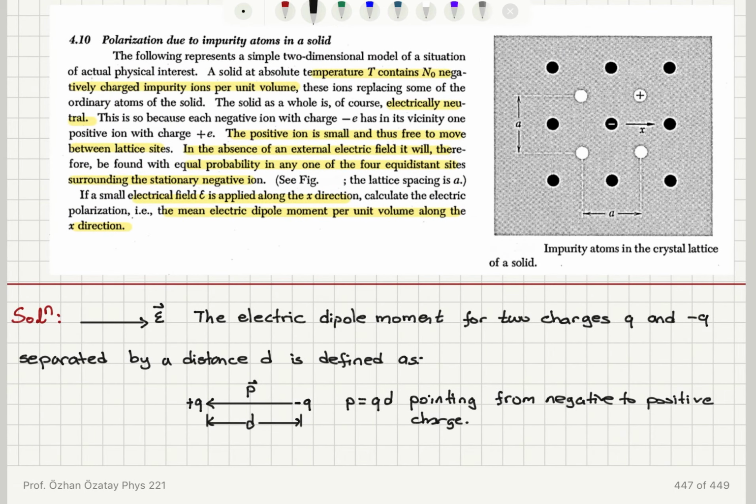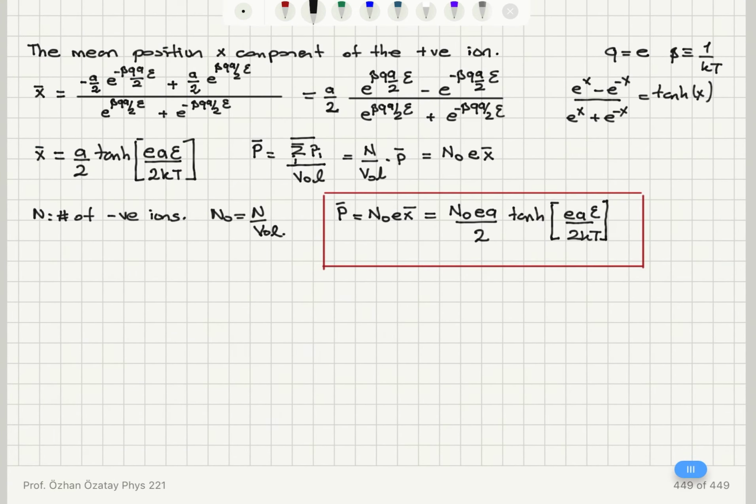So the question is, in the presence of an electric field in the positive x direction, what is the mean electric dipole moment per unit volume? That is, what is the mean value of the electric polarization?